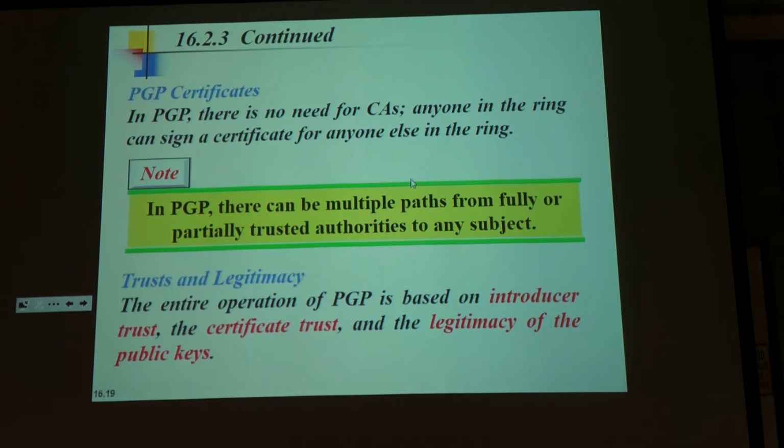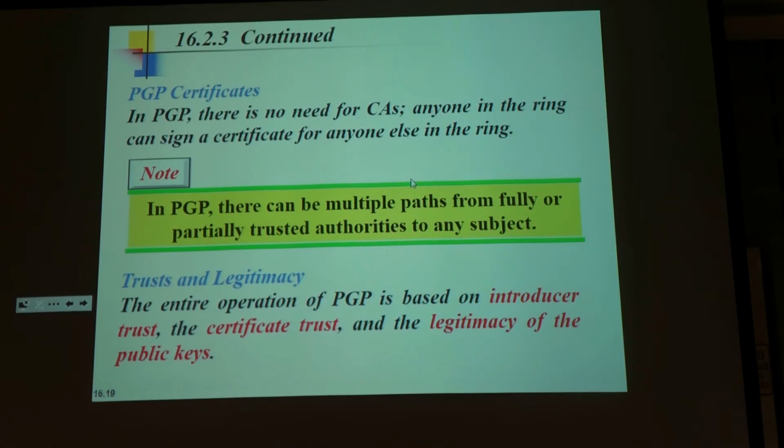So, introducer trust levels. We don't have a central authority. It is obvious that the ring cannot be very large if every user in the PGP ring has to fully trust everyone else.